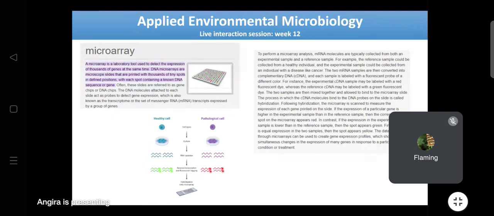So basically, if there is an equal expression, then the spot will appear yellow. So the data gathered through microarray can be used to create differences of gene expression between a healthy cell and a diseased cell, which will give us a gene expression profile, which shows us the changes in the genes in response to a particular condition or after treatment with a particular drug.